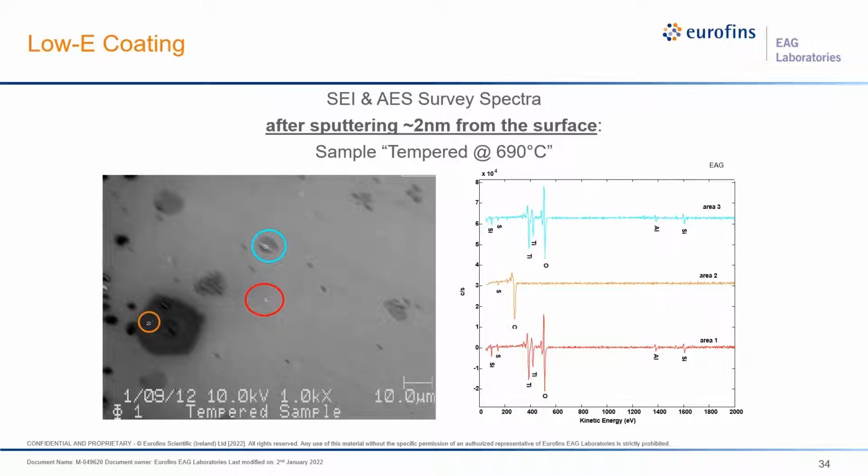When we do the Auger spectrum, after removing the surface hydrocarbon, in the field area where we don't see much of the defects, we see the surface layer of silicon, aluminum, titanium, oxygen, and a little bit of sulfur. If you look at area number 3, the spectrum is pretty much similar to area number 1. It seems like whatever this thing is, it's a buried artifact, not sitting on the surface.